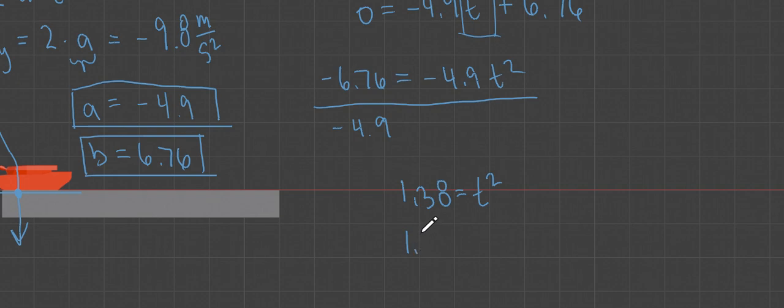We get that t roughly equals 1.17. It could be plus or minus.